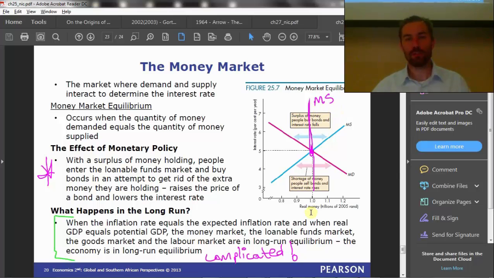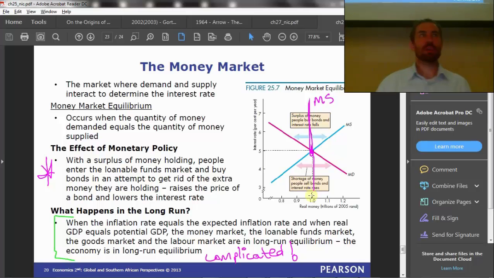If you have a perfectly vertical money supply curve, then the money supply is entirely controlled by the Reserve Bank. If we assume that the money supply curve is upward sloping, then we're assuming that the banking system has some influence on our money supply as well. The easiest way to deal with this model, though, is just to have a vertical money supply curve, so that's usually the way we deal with it.